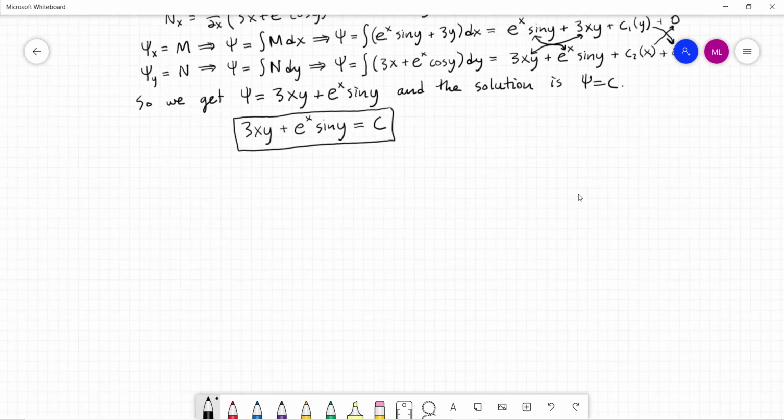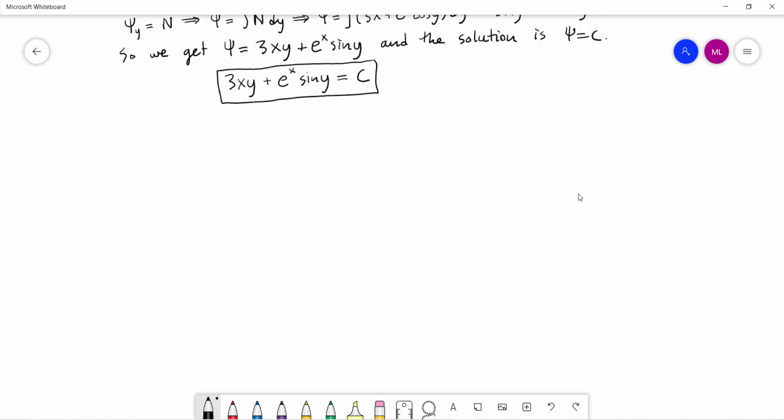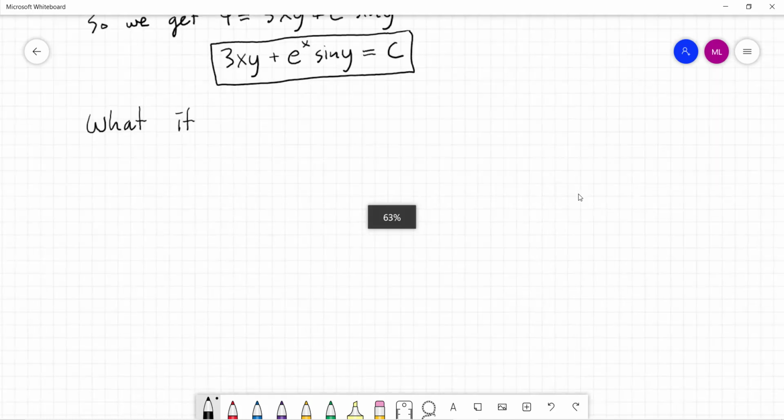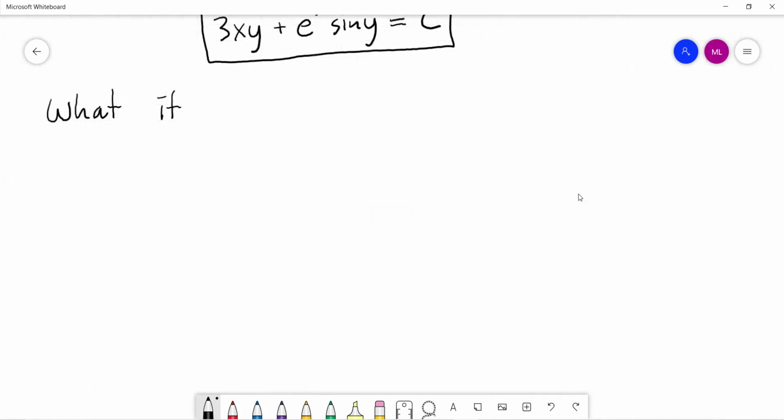I know this video is probably already droning on, but I want to talk about one additional thing that can happen. What if we have an equation that looks like, let me zoom back in, it's bad handwriting, whatever, you can read it. What if our M(x,y) plus N(x,y) dy/dx equals 0?